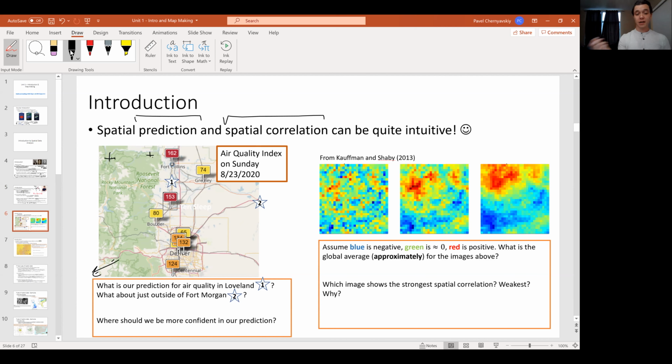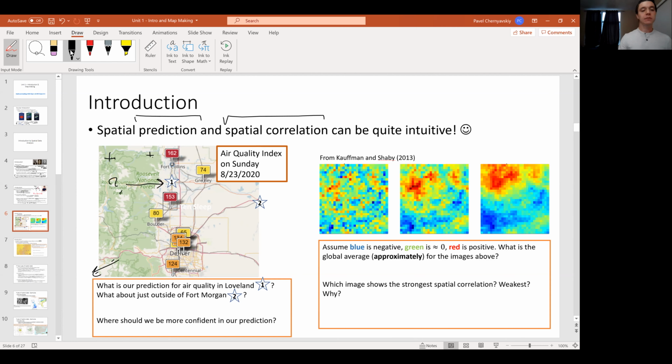So when I go outside, I like to look up the air quality index, and here's what I saw. So Fort Collins is real bad, 162, that is classified as unhealthy. Boulder was better, Greeley was better. Denver is somewhere in that generally somewhat unhealthy range. But what about Loveland? So that's star number one. What would our prediction be about Loveland?